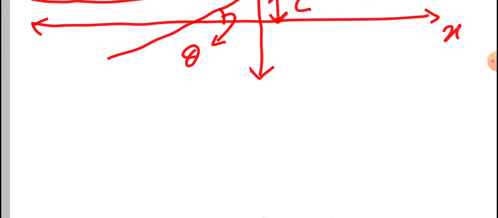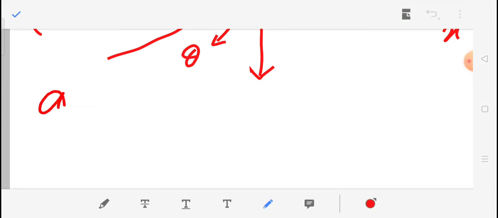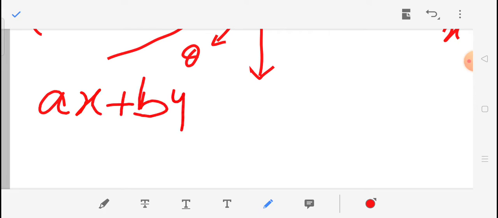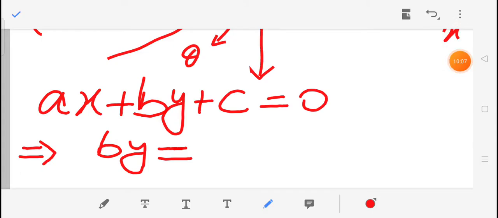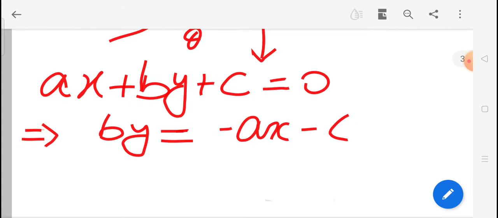Let us take one of the examples as ax plus by plus c equal to 0. Now if we try to convert it into the slope intercept form, then we can do it like this: by equals minus ax minus c.